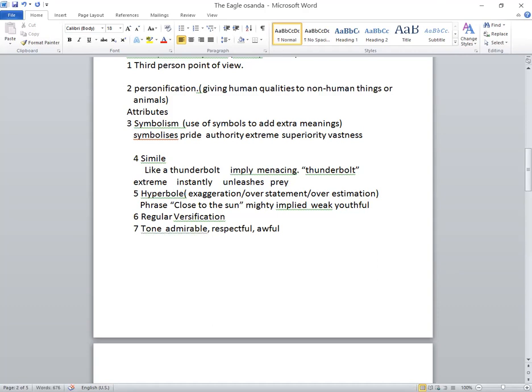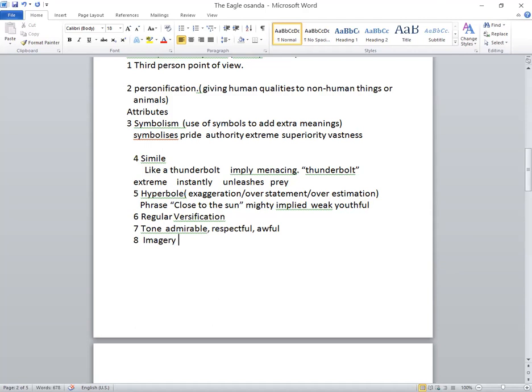Now, the eighth technique: imagery. Now you have got dictionaries with you.